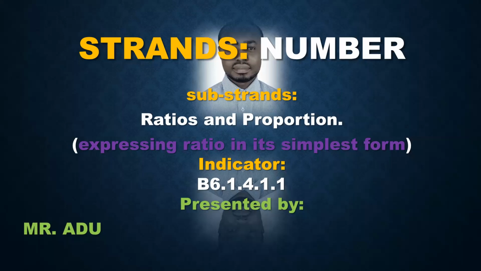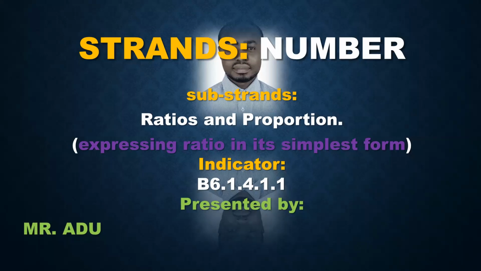Today, what we are going to discuss is ratio and proportion. These topics will be taken from our resource pack from the B6, strand number 1, substrand 4, content standard 1, and indicator 1.